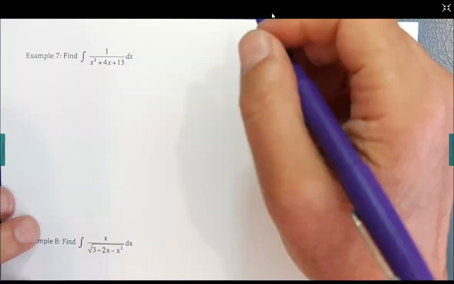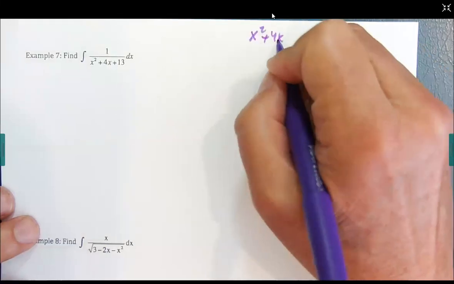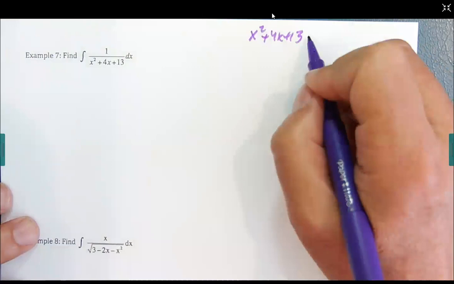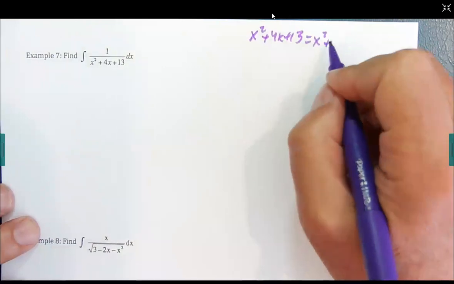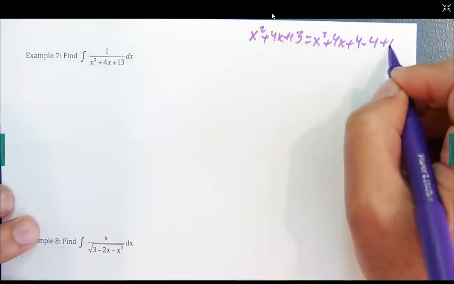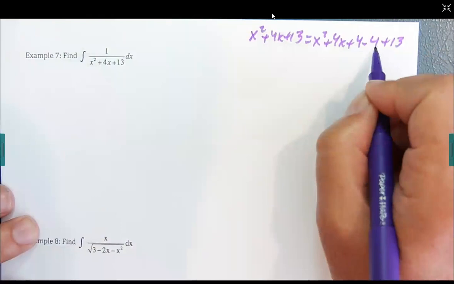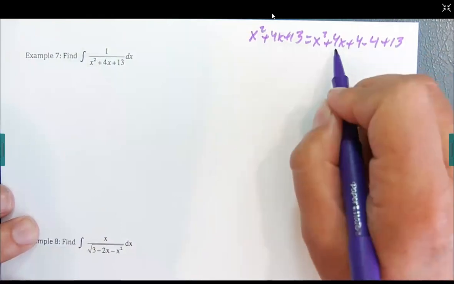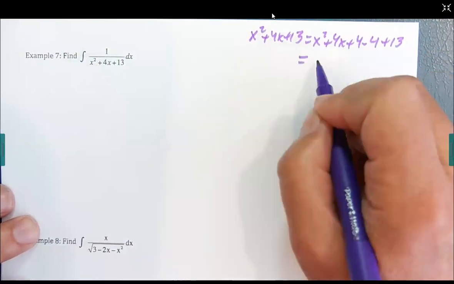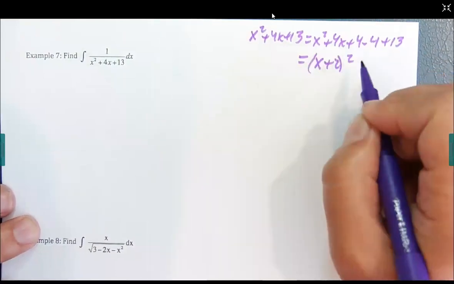So I added a 4 and subtracted a 4, because half of 4 is 2. 2 squared is 4. This becomes x plus 2 squared, and that becomes plus 9.